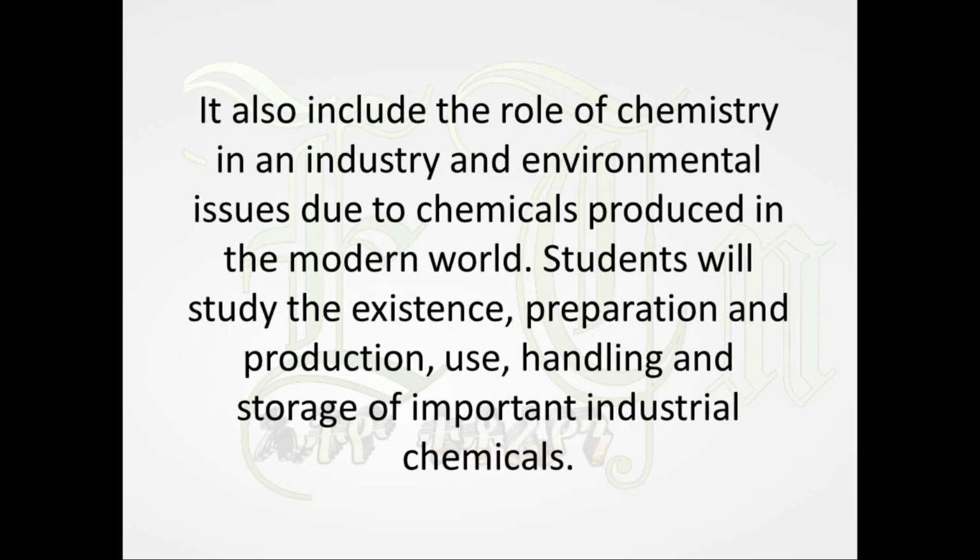It also includes the role of chemistry in an industry and environmental issues due to chemicals produced in the modern world. Students will study the existence, preparation, and production, use, handling, and storage of important industrial chemicals.